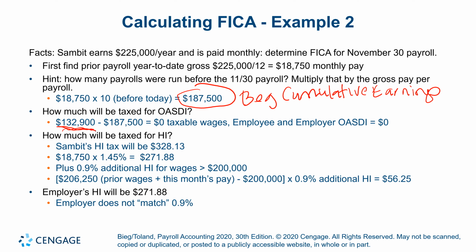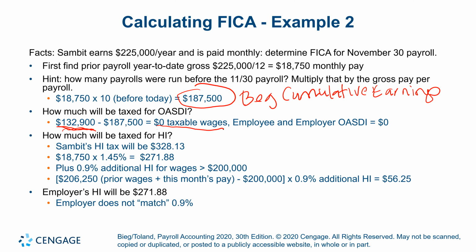So they're at 187,500, already over that 132,900 maximum. So zero paid into Social Security, right? This individual has already paid in their portion of Social Security for the year. However, remember, Medicare or HI, hospital insurance, there is no maximum, right?